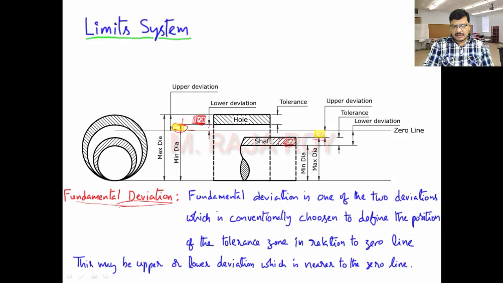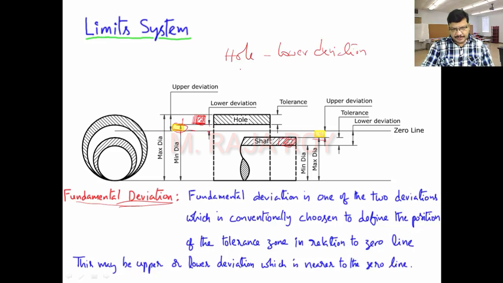Am I correct? Here to here this distance is lower limit. That means fundamental deviation in this case, for a hole, is lower deviation. In the other case, fundamental deviation will become the upper deviation.